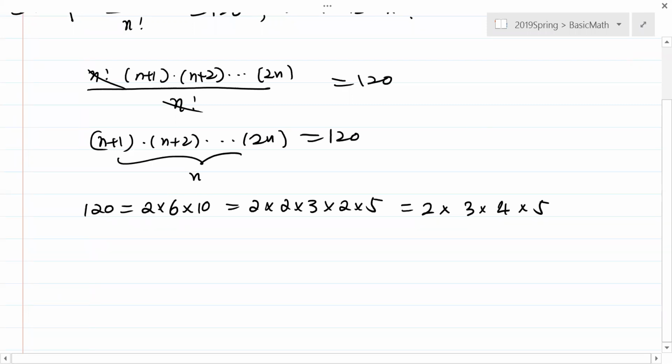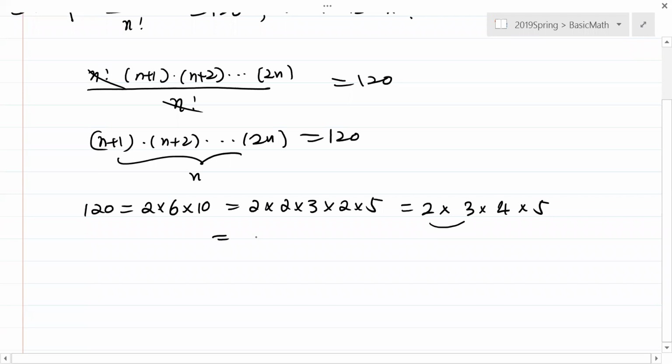n definitely cannot be large, because these are consecutive numbers. Another possible way to do it: you assumed n plus 1 equals 2, but that's not working.